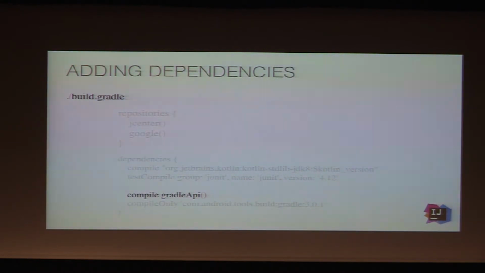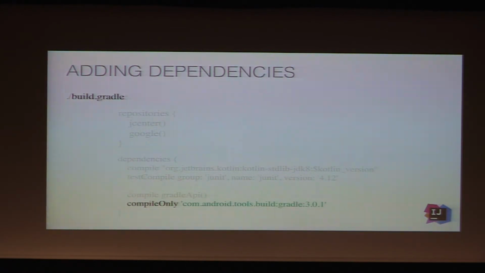First, in our project, we're developing a Gradle plugin, so we need the Gradle API. Gradle itself brings a utility function called gradleApi, which we can use to import it. And because we're developing a Gradle plugin for Android, we want to depend on and have the API of the Android Gradle plugin.